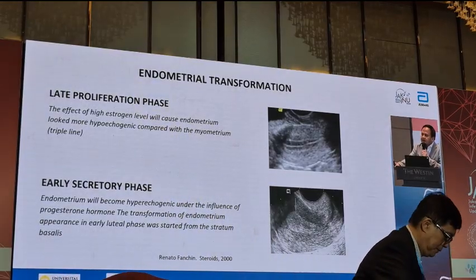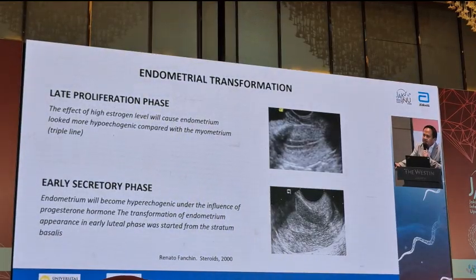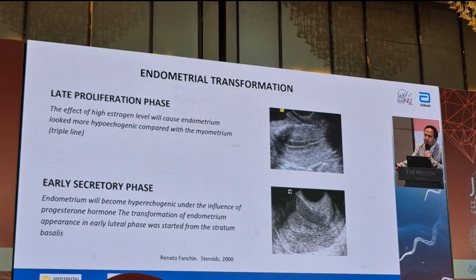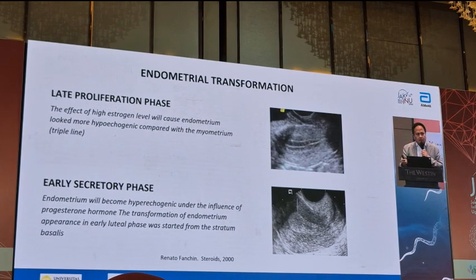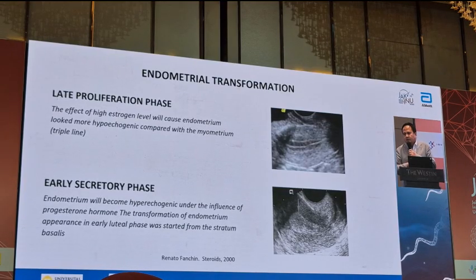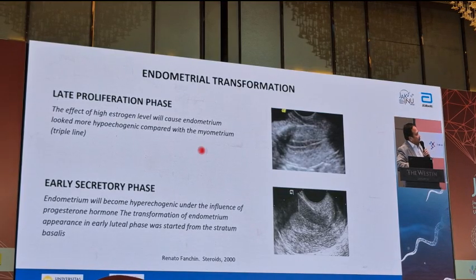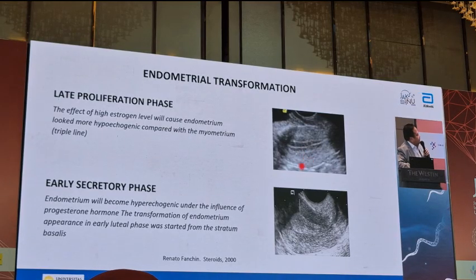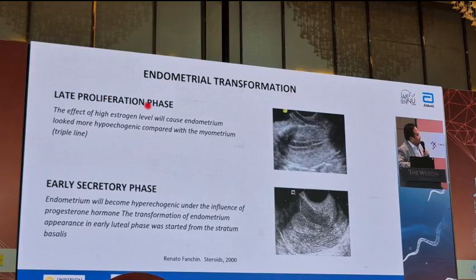So if we administer luteal phase support with progesterone, it means we want to transform the endometrium from the proliferative phase to the secretory phase. By ultrasound, we can see very clearly the triple line or trilaminar pattern in the endometrium because of high estrogen levels.